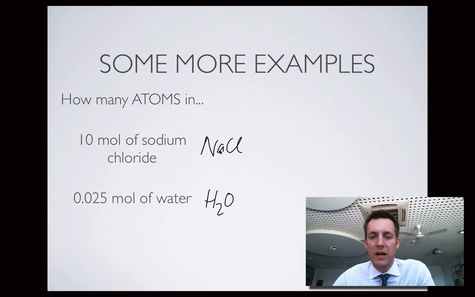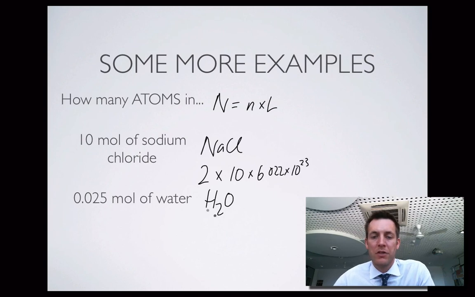But notice there are 2 atoms in a particle of sodium chloride. So to find the number of atoms, I've got to find how many atoms there are in a particle first. Remember that the number of particles is the number of moles times Avogadro's number. So this would be 2 times 10 times 6.022 times 10 to the 23.